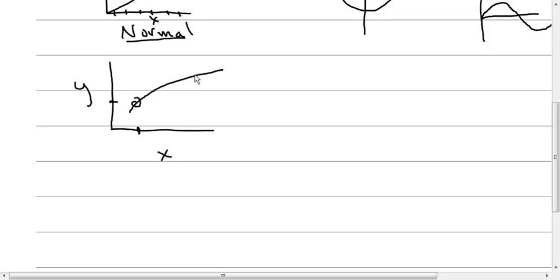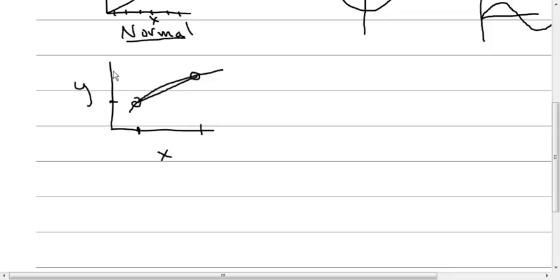That's one value and that's another value. And we're going to say, well, what is the length of the curve in between these 2 points? And to start with, we're going to make a very simple assumption. We're just going to say, well, let's just estimate it with a straight line, like that right there.